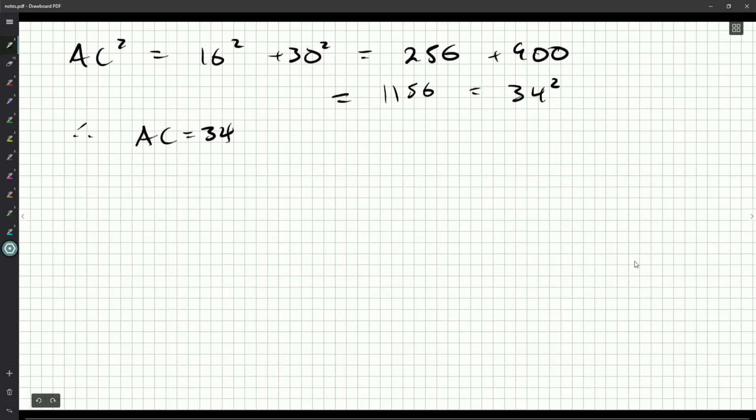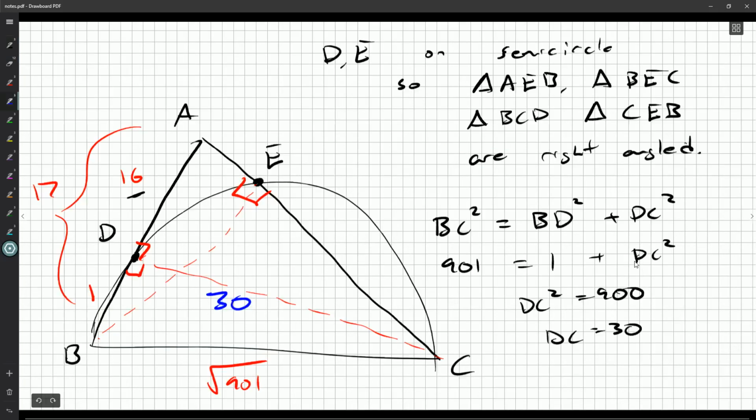It helps when you don't have a calculator to be able to do things like this. How can you figure out that this is a square? Well, you can see it's even. Divide it by 4, and you should get a much smaller number, like 289, which you should probably know is 17 squared. So AC is 34.